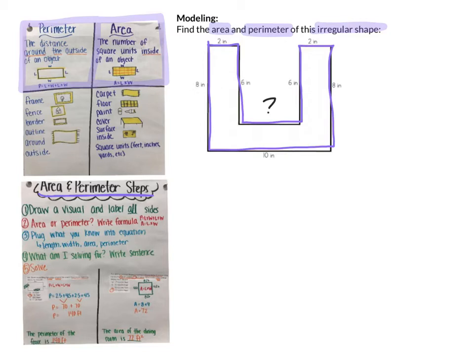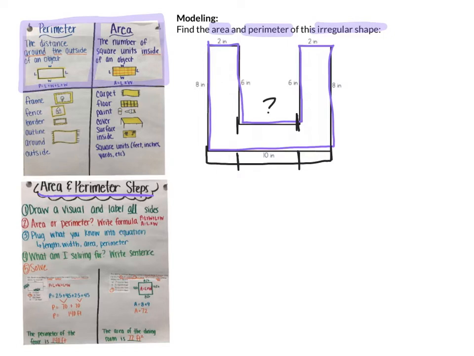So if I know that this side length is 10, I'm looking from here to here for my missing side length.